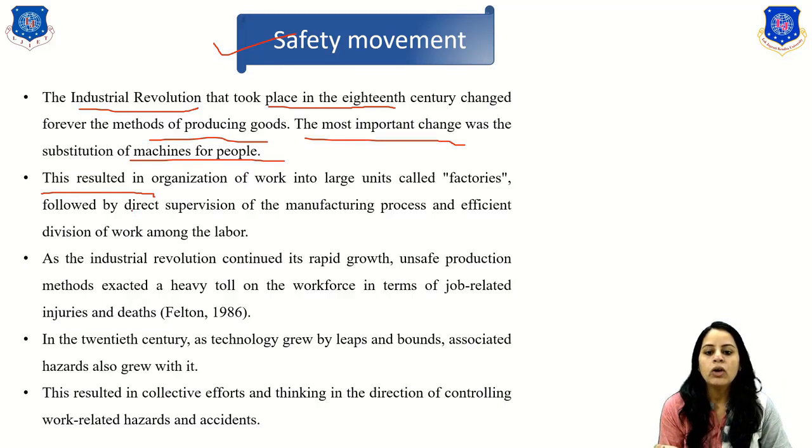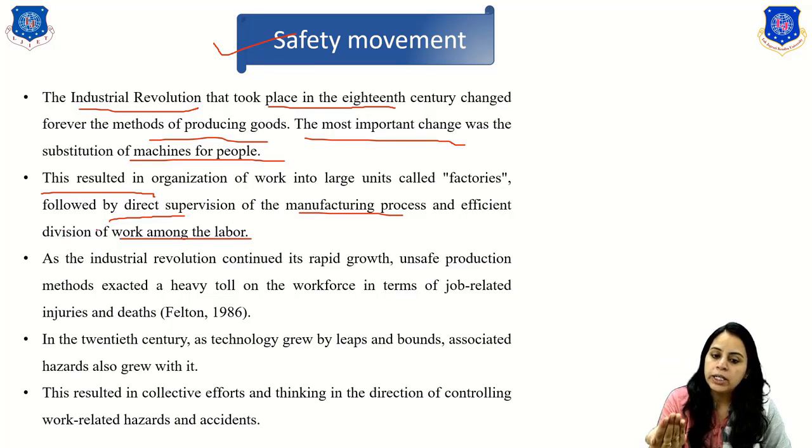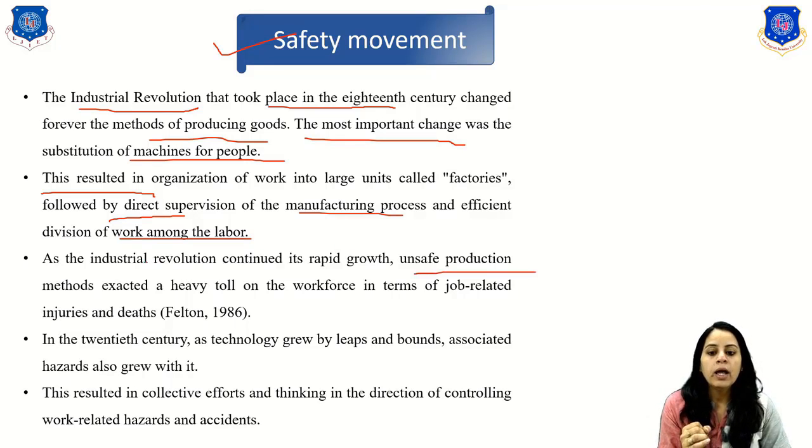This was followed by direct supervision of the manufacturing process and efficient division of work among the labor. As the industrial revolution continued its rapid growth, unsafe production methods exacted a heavy toll on the workforce in terms of job-related injuries and deaths.